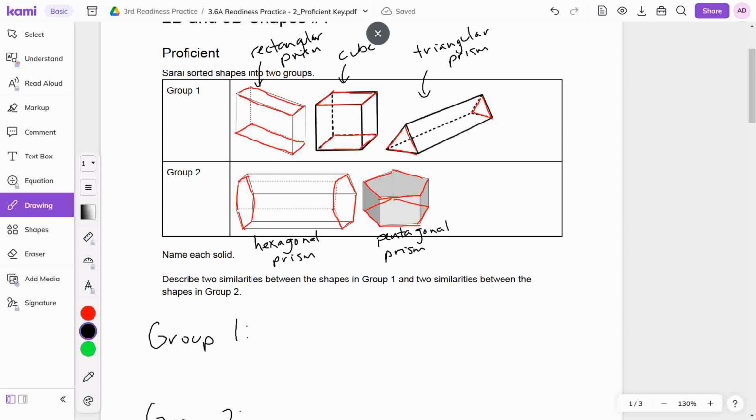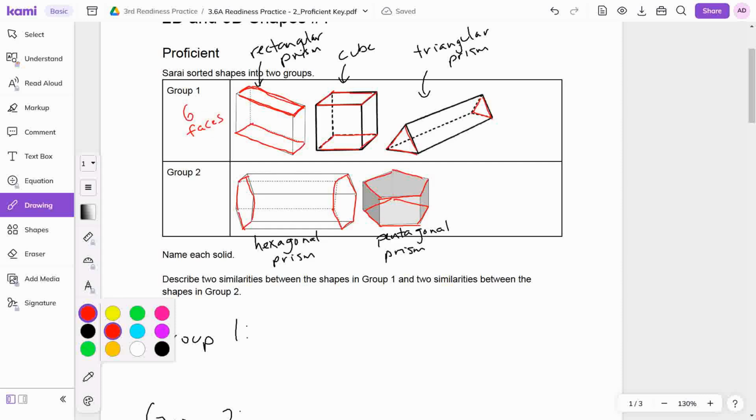Well, the base itself has got 4 sides because a rectangle has 4 sides. Right here, 1, 2, 3, 4. So that means there are going to be 4 lateral faces connecting my two bases. So I've got the 4 faces, 1 for each side, connecting my two bases. My 4 plus 2 means I've got 6 faces.